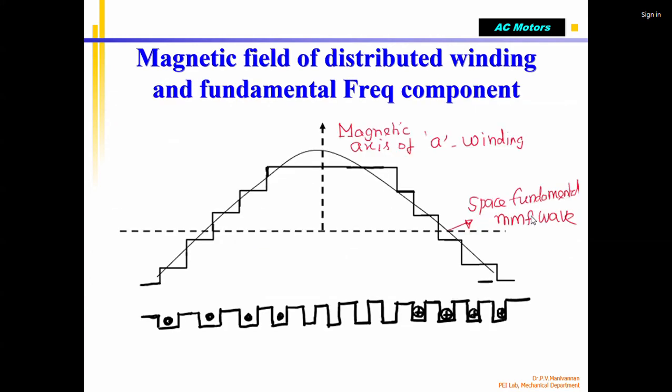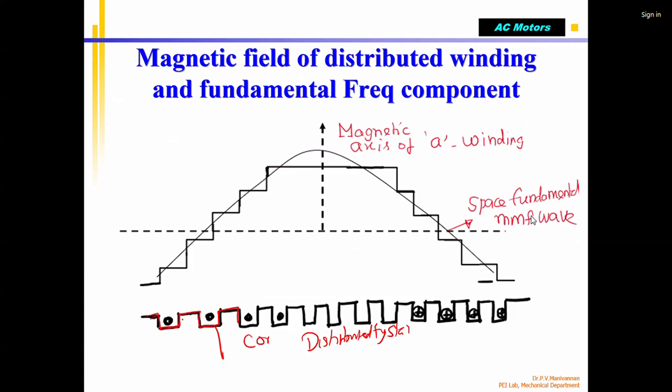As I told you, the stator has slots in which the coils are put. To create a sinusoidal back EMF, this is a distributed type stator winding. You can see that these are the slots. This is the core in which there are slots.